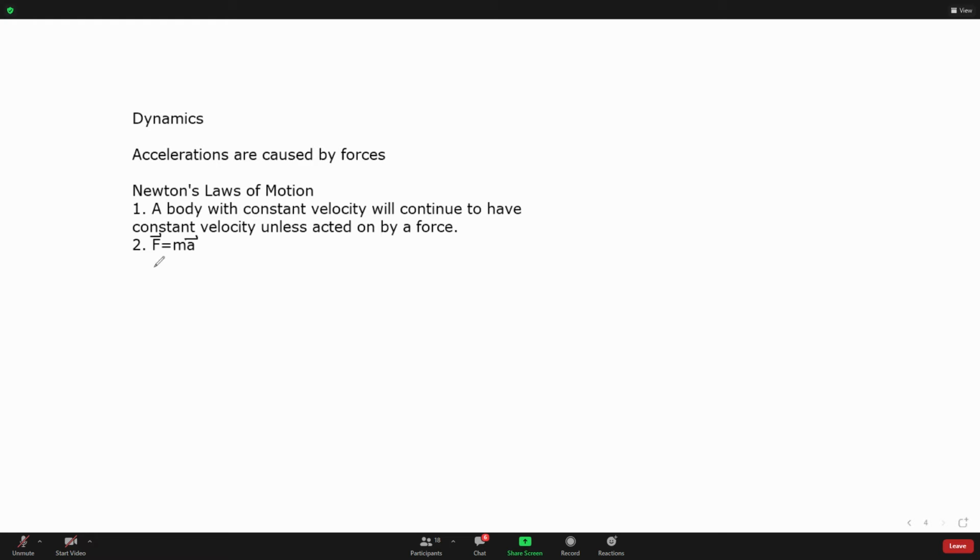Now, what are the units of force? The units of force are mass times acceleration. So that's a kilogram meter per second squared. And we call that, in honor of Sir Isaac, a Newton.